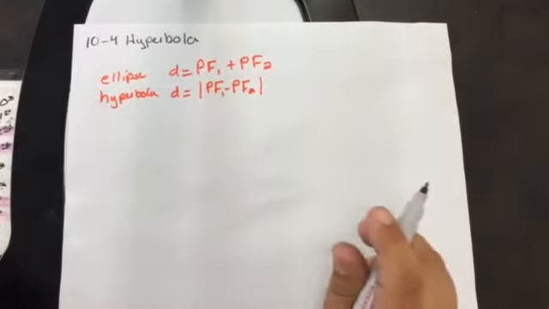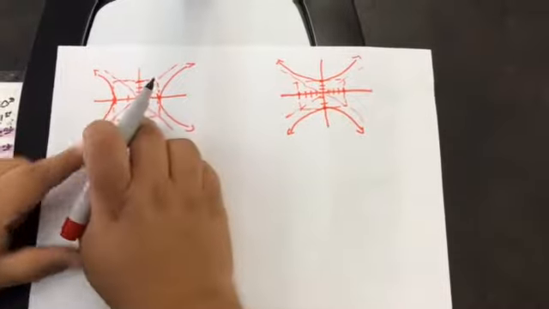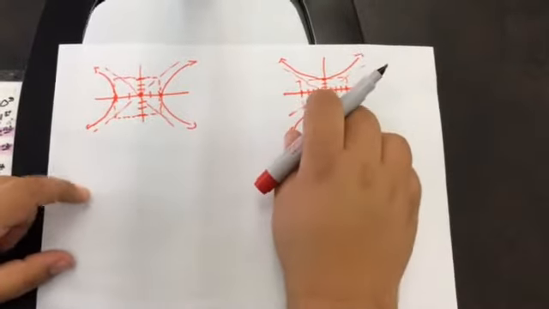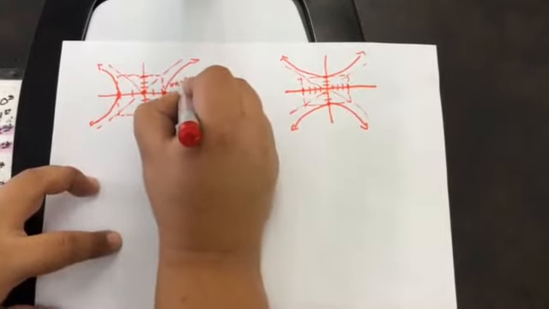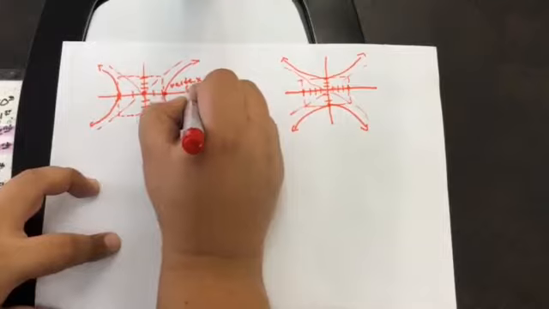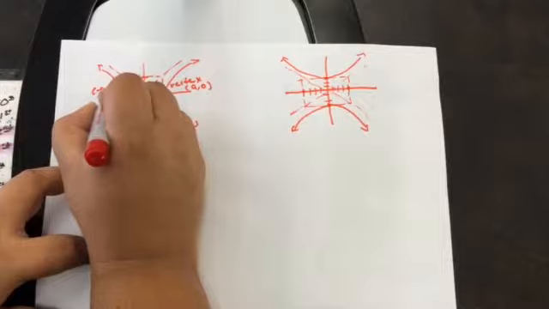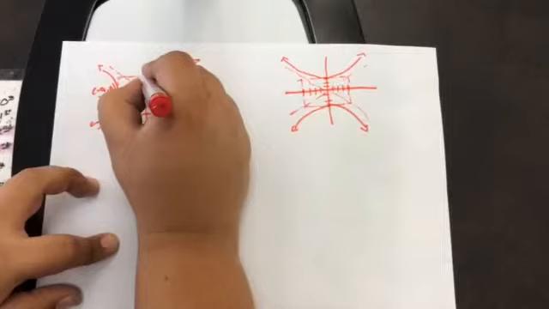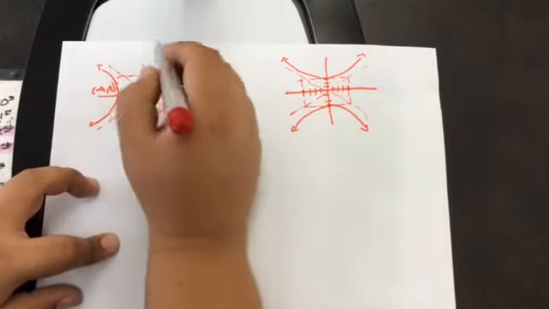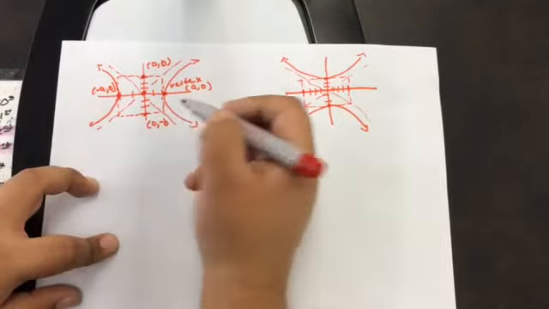So we have two types of hyperbola, one that opens horizontally and one that opens vertically. So this one opens horizontally and this one opens vertically. This would be your vertex at a and 0. You have another one at -a and 0. Your co-vertices are going to be at 0 and b, and 0 and -b.